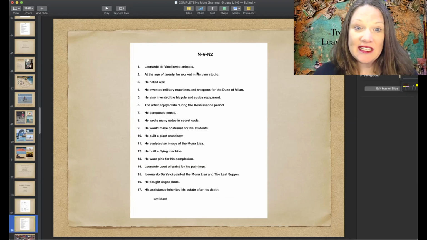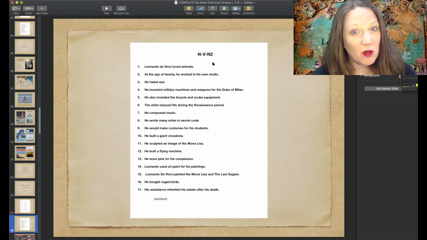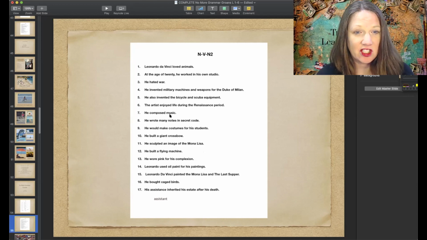The next assignment is a noun, verb, noun 2 worksheet about Leonardo da Vinci. I hope that you found these sentences very interesting about Leonardo da Vinci. Throughout this, almost every sentence was noun, verb, noun 2. There was one that was different. And then at the very bottom, I mentioned it should be assistant.